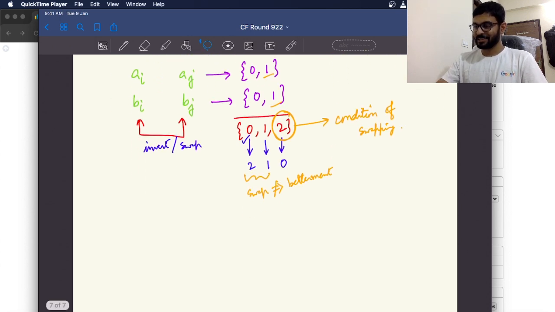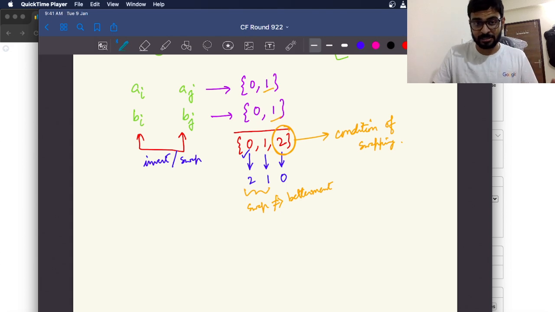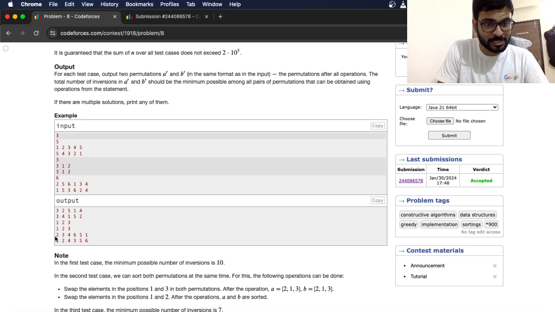One another technique. So one thing that first came to my mind, let me show how it came to my mind. When I looked at this particular test case, 2, 3, sorry, maybe this one, I saw that AI plus BI for every I gives me 6. 3 plus 3, 6, 2 plus 4, 6, 5 plus 1, 6, 1 plus 5, 6, 4 plus 2, 6.